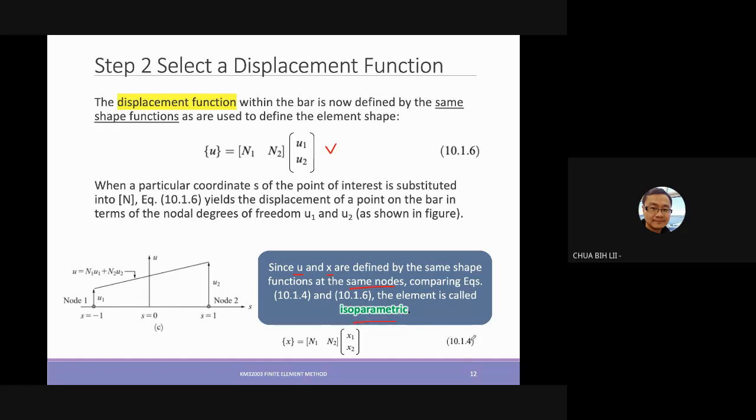So these equations, in terms of x or in terms of u, are basically the same. This is for the isoparametric, and this is for the usual bar element, with exactly the same form of matrix. Therefore we call it isoparametric formulations.